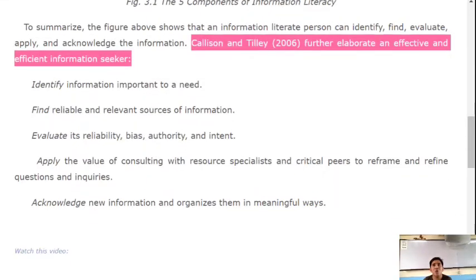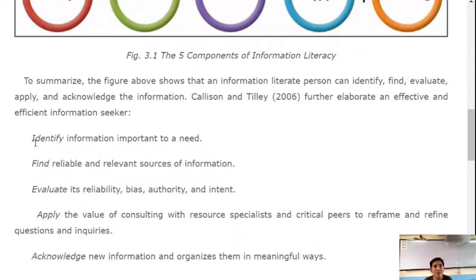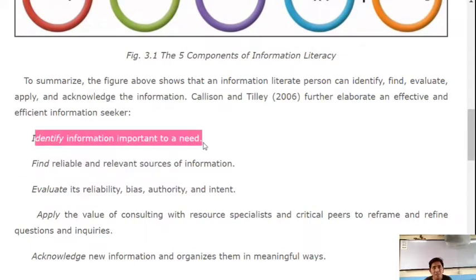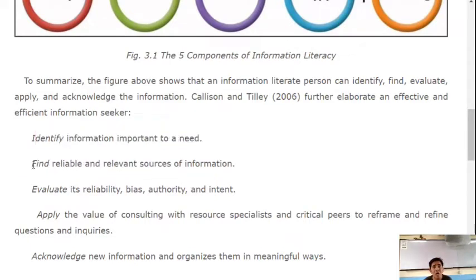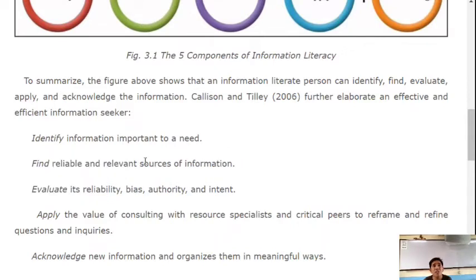If you are an effective information seeker, you apply the following. You identify the information important to a need. So you identify the information that you need. Find reliable and relevant sources of information. Next, evaluate its reliability, bias, authority, and intent.